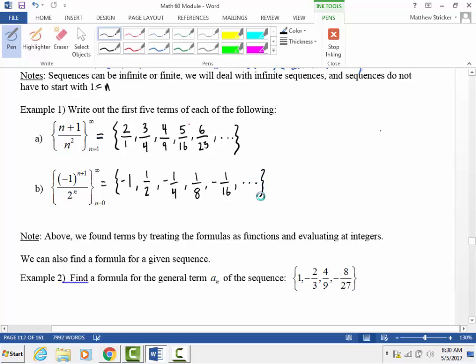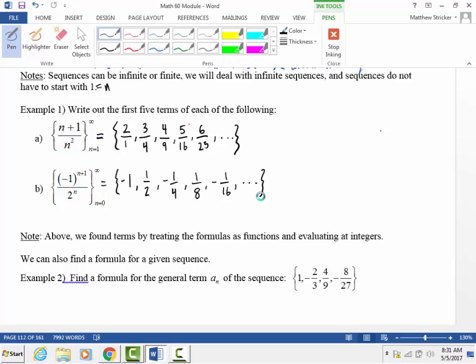Remember, it's an infinite sequence. There's an infinite number of terms. Now, what's one thing we notice about this sequence that's different than the last one? Elijah? Okay. Each time it's being multiplied by 1/2, right? Well, yeah, it's a negative 1/2. Each time it's changing by a factor of 1/2, and the signs are also alternating, right? Positive, negative, positive, negative, positive, negative.